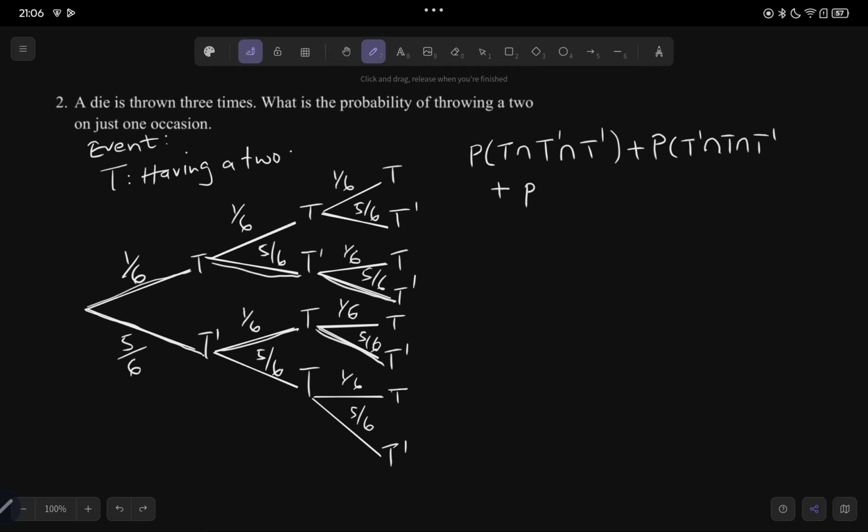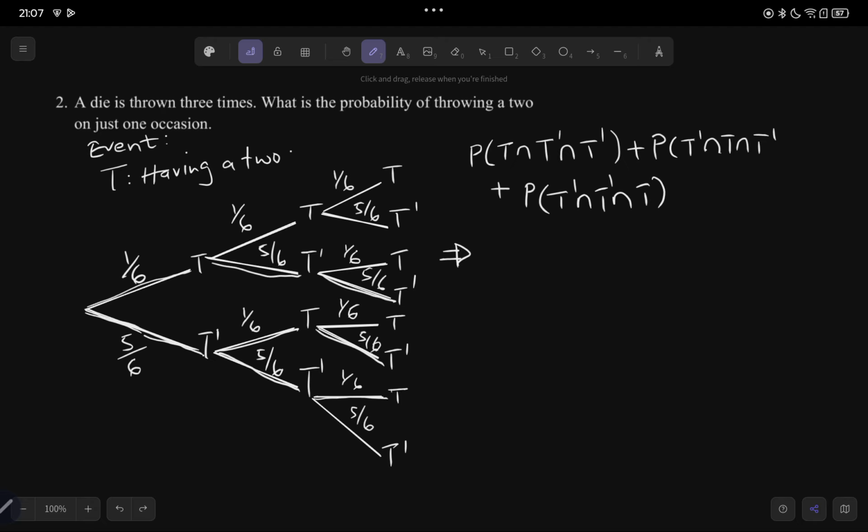Plus, you may not get a 2, you don't get a 2, and still not a 2. You don't get a 2, then on the third time, that's when you get a 2. In all these three cases, you have only got one 2.